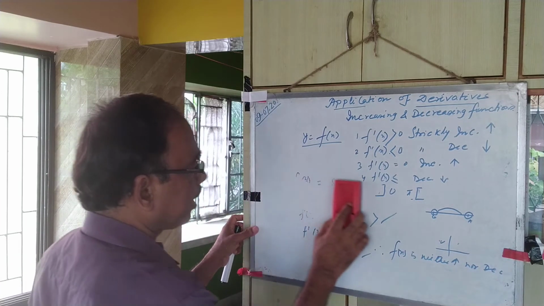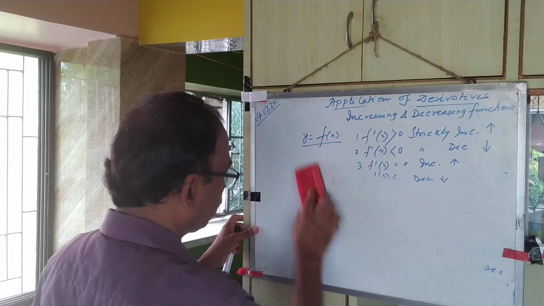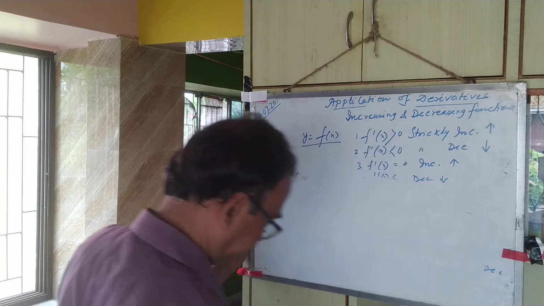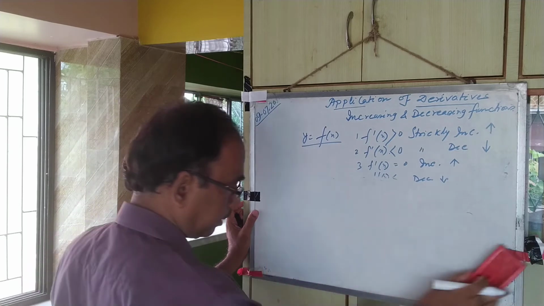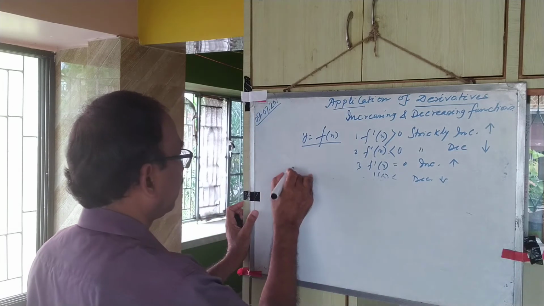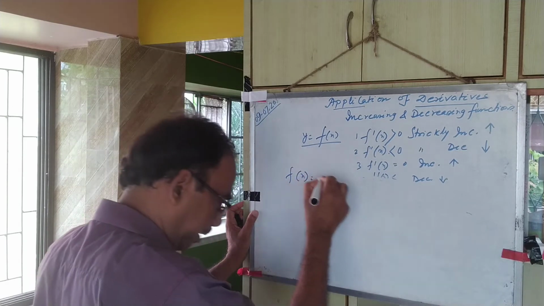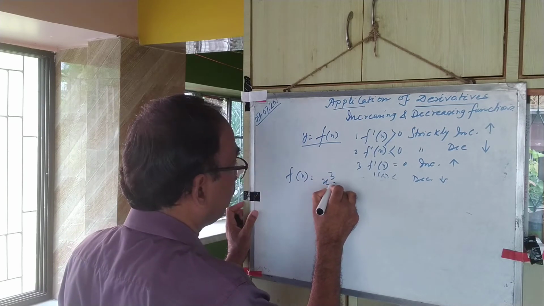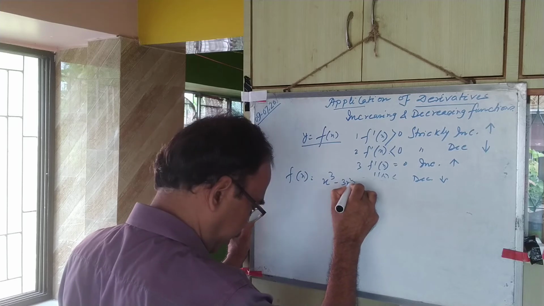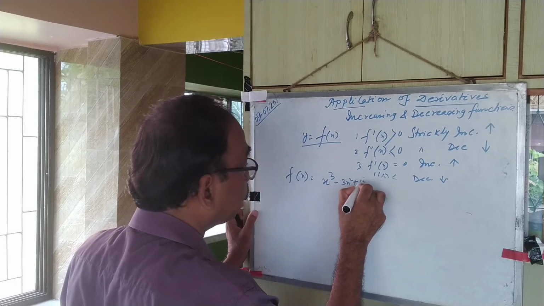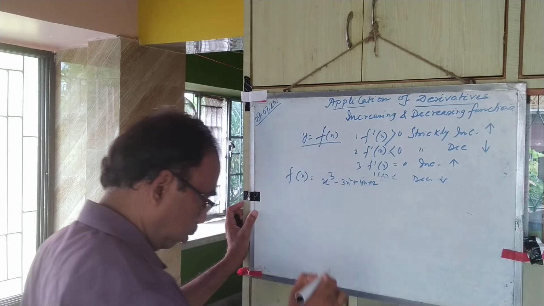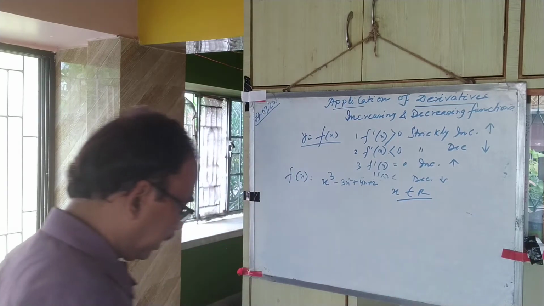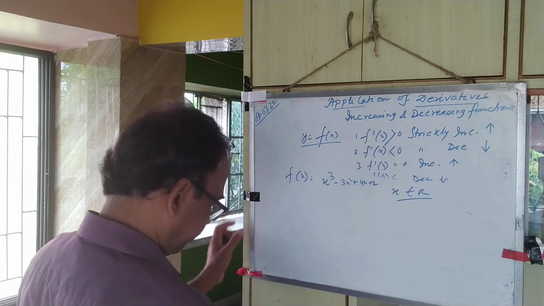Let us test another one. Suppose f(x) equals x cubed minus 3x squared plus 4x plus 2, where x belongs to any real number.